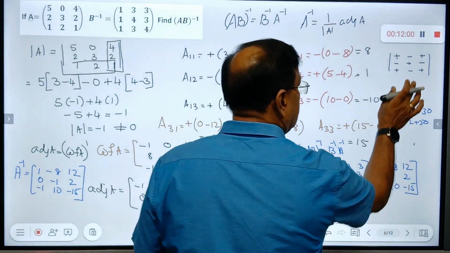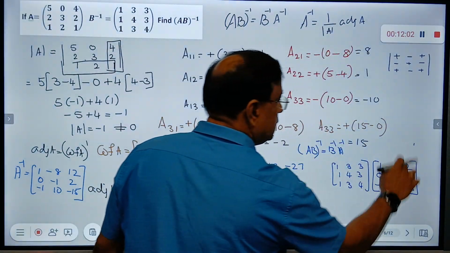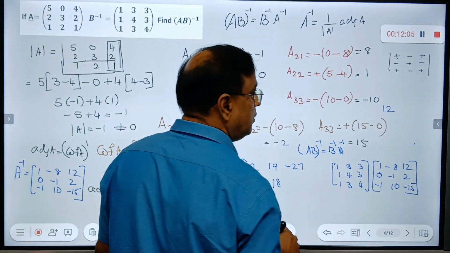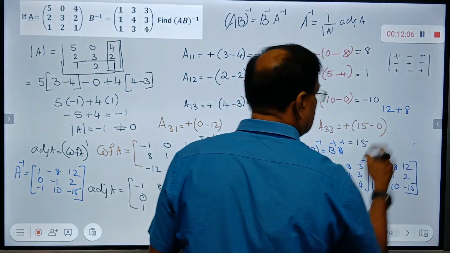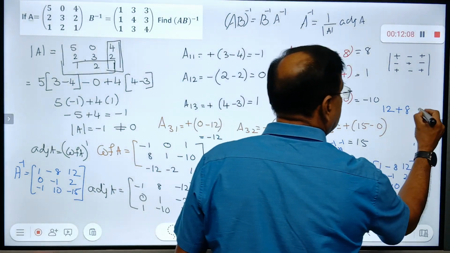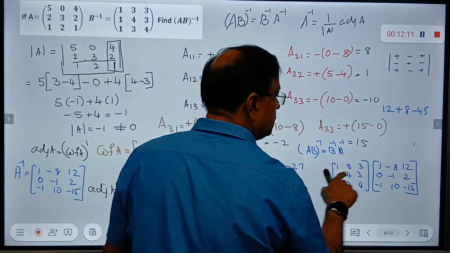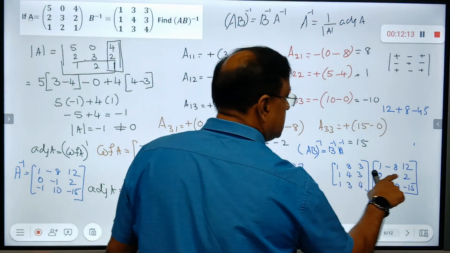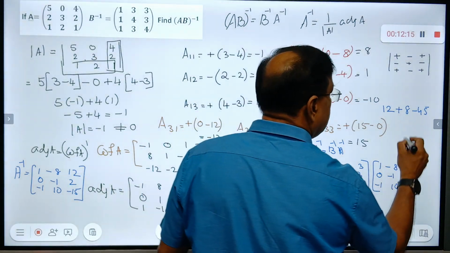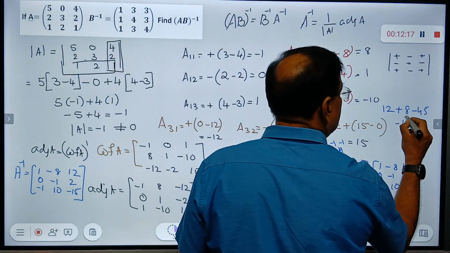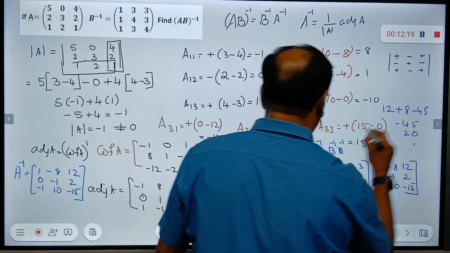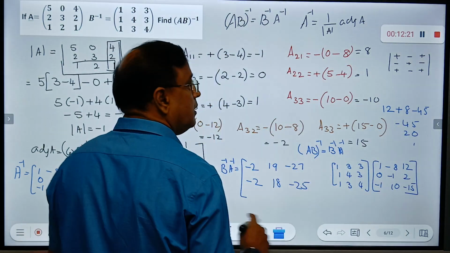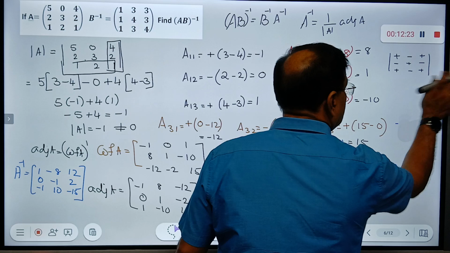Then you go for second row, third column. What is second row, third column? 12 plus 8 minus 45. So this is 45 and this is 20. So it's minus 25.